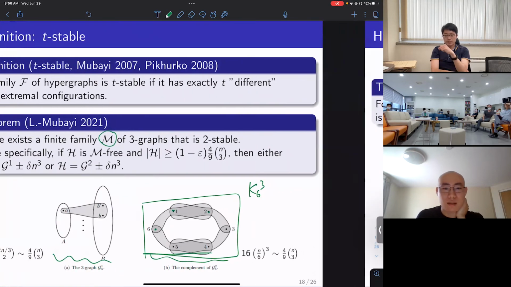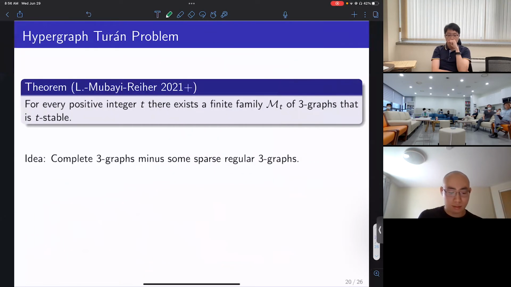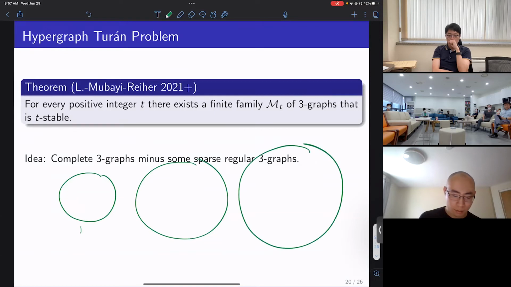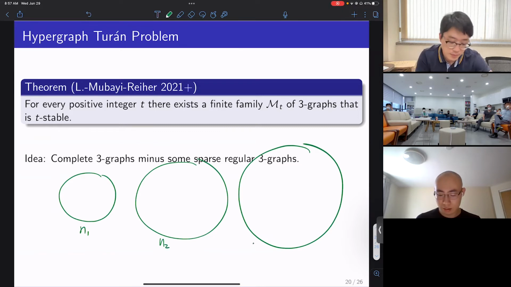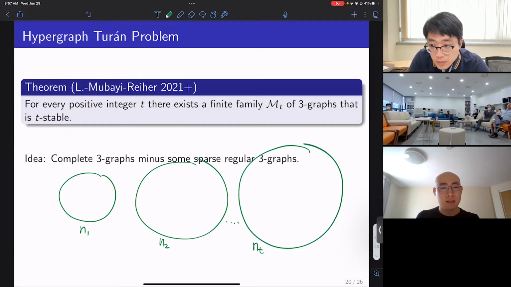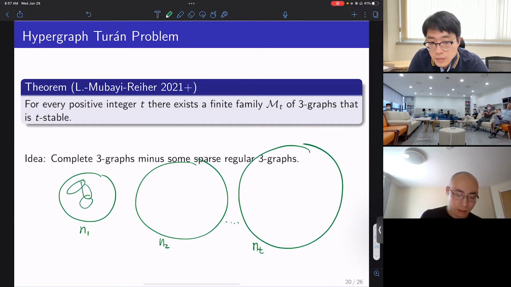So using the same trick, you can first take t complete 3-graphs, say the first one on n1 vertices and the second one on n2 vertices. Firstly, you fix these t complete 3-graphs. Then you remove some regular graphs from these complete graphs.